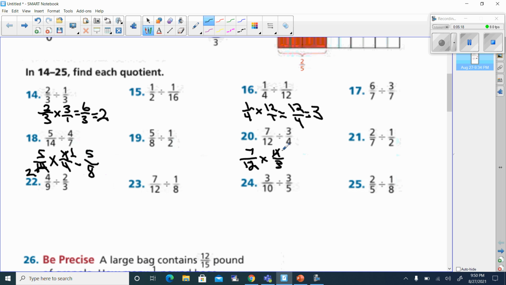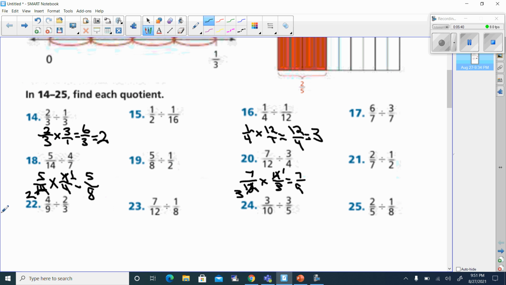So 4 divided by 4 is 1. 12 divided by 4 is 3. Now 7 times 1 equals 7. And 3 times 3 is 9. And our answer is 7 over 9. All right, let's go on to 22.